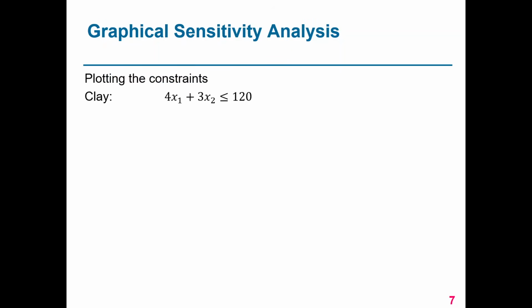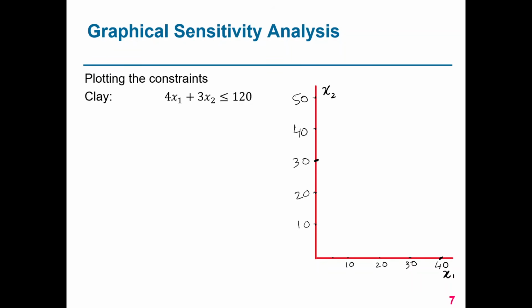In a similar fashion, we can plot the clay constraint. It is done using the procedure that we discussed earlier. First we will put this equation equal to 120, and then we will put x1 = 0. This will give us 3x2 = 120 or x2 = 40.